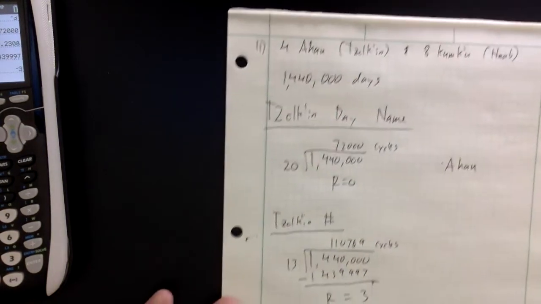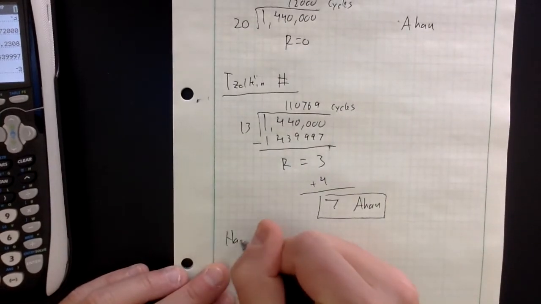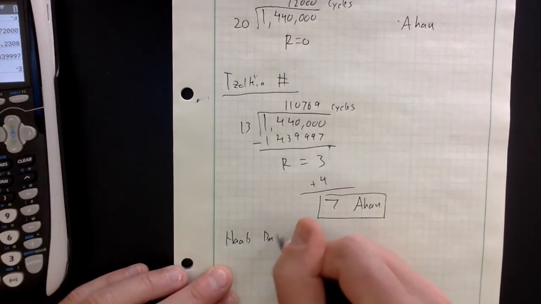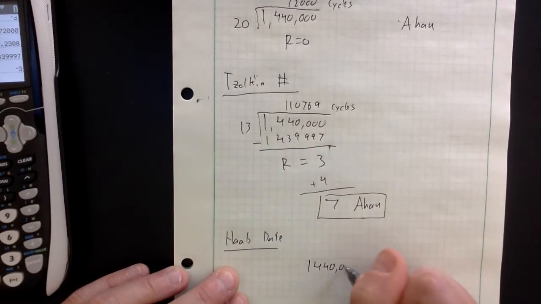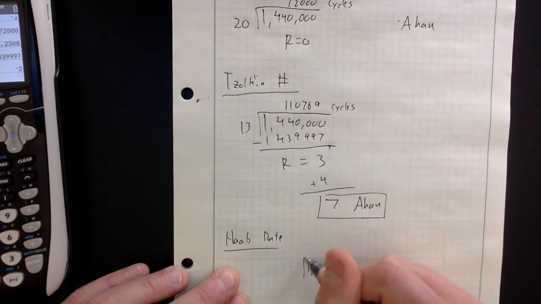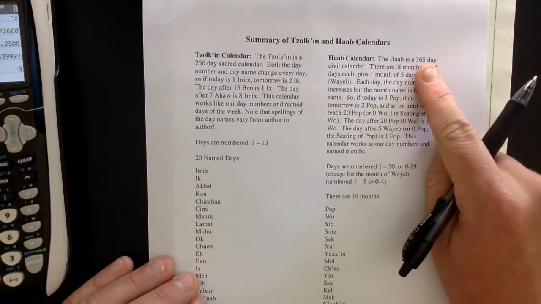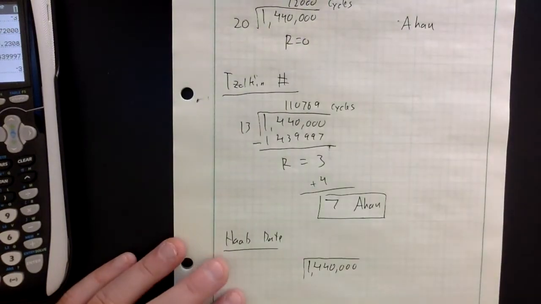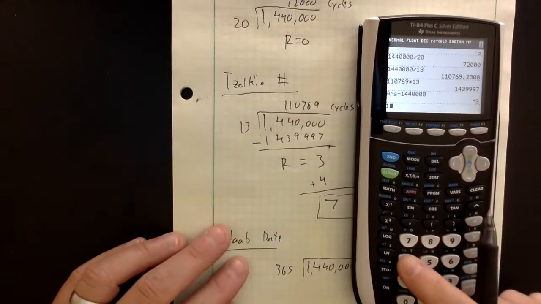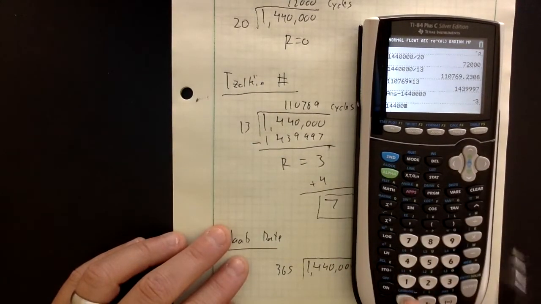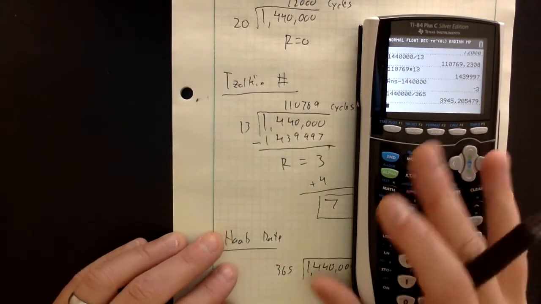But the first step before we get to looking at Wayeb is to take the number of days we're going ahead in the future, and we're going to divide it first by 365, the number of days in a year for the Haab calendar. And again, we have a decimal, so we're going to have a remainder.